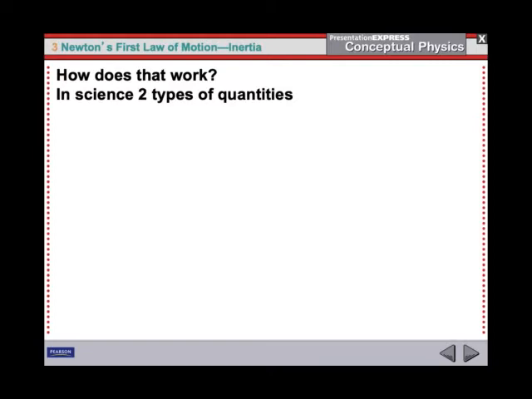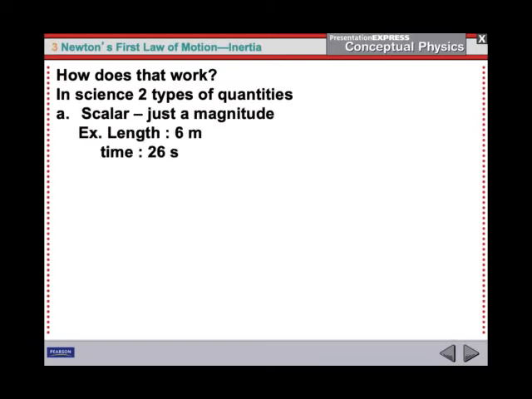So in science, there are 2 types of quantities. There are scalar quantities, which are just a magnitude, like length, 6 meters. That's just a magnitude. Time, 26 seconds. That's a scalar quantity. Mass, that's also a scalar quantity. But a vector has magnitude, but also direction, because direction is important for some of these quantities.